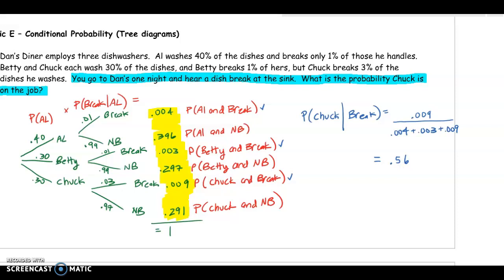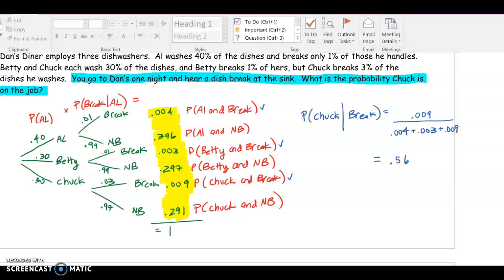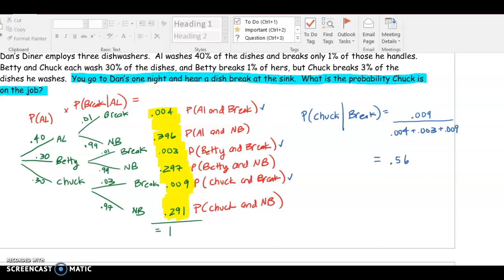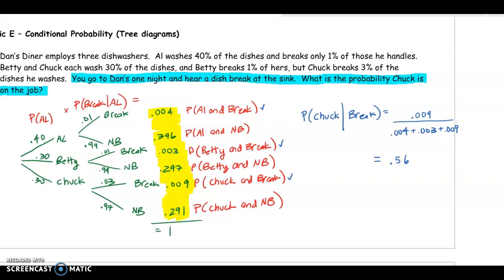When you look at your formula sheet, you'll notice there is a formula for conditional probability. It says the probability of A given B is equal to... In the denominator, you're going to put B, because we know that B has happened.